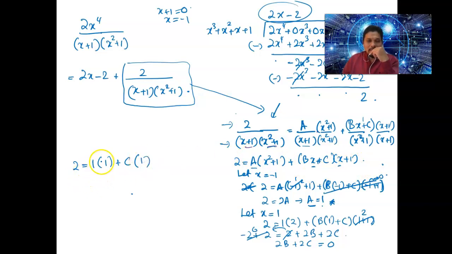So now, guys, girls, this 1 brought to the other side becomes negative. So 2 minus 1 equals 1, and c equals 1.